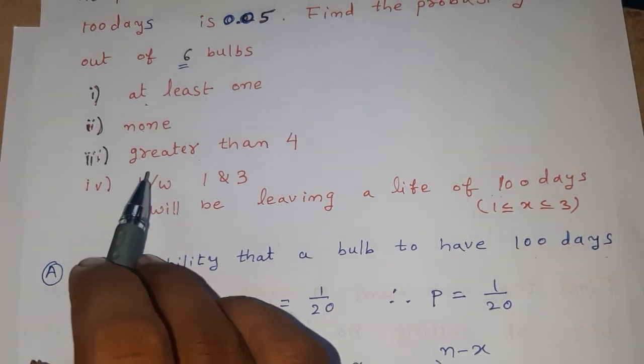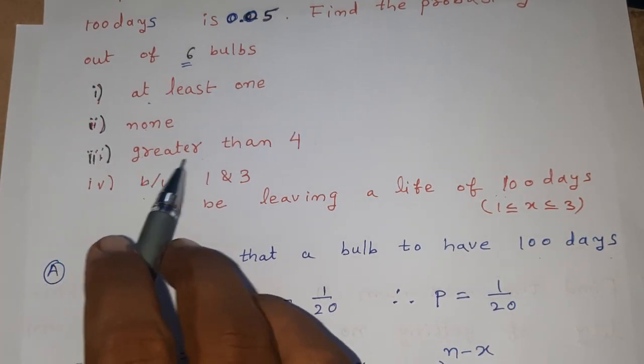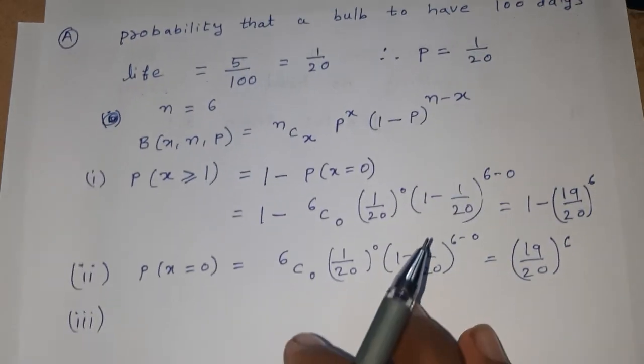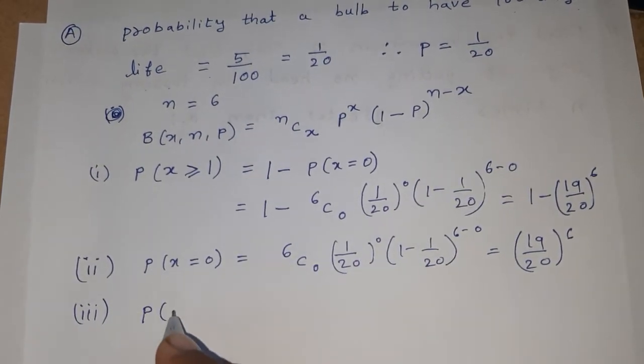Now we need to find the probability when the number of bulbs is strictly greater than 4, that is, probability when x is strictly greater than 4.